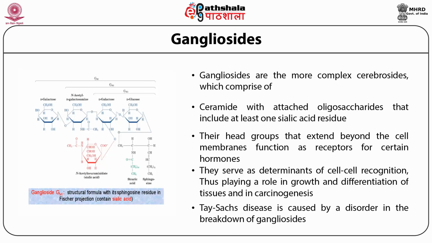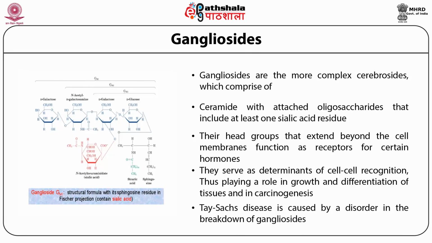The presence of at least one sialic acid residue is a must for ganglioside, but they can have more than one sugar residue. If the ganglioside has a single sialic acid residue, it is called GM1. M refers to mono and G refers to ganglioside, so it is referred to as the ganglioside monoseries.